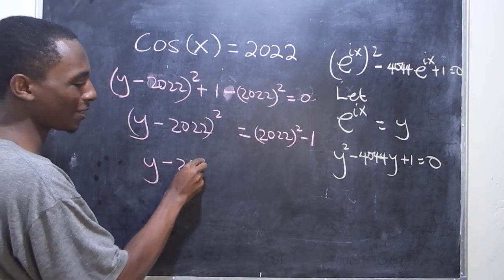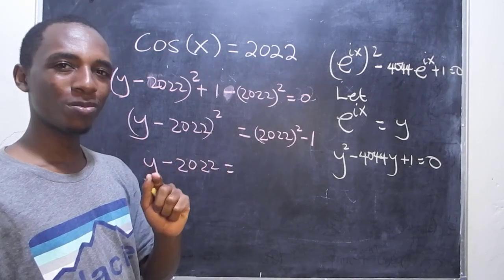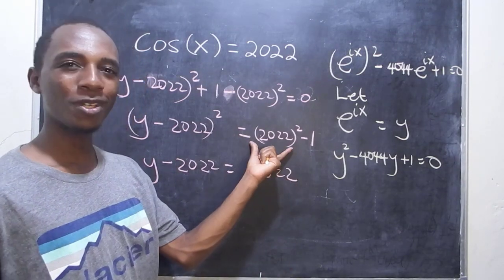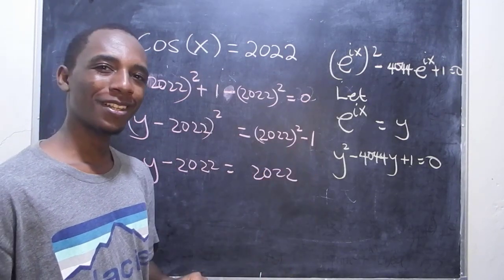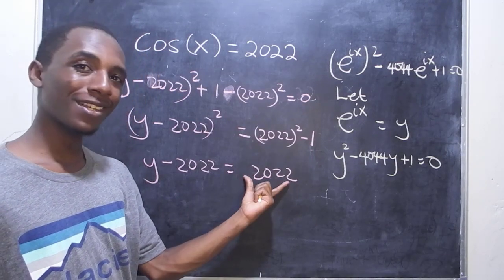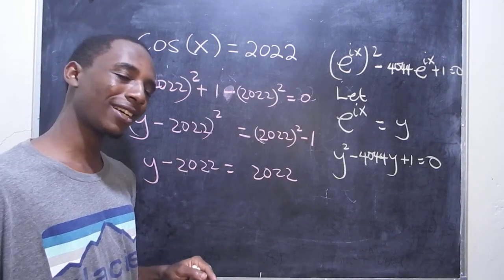So I have y minus 2022 equals the square root of this, which should be very, very close to 2022 because 2022 squared minus 1 is a very small difference. So I'm not saying it's exactly 2022, but I think it's like 2021.99 something.